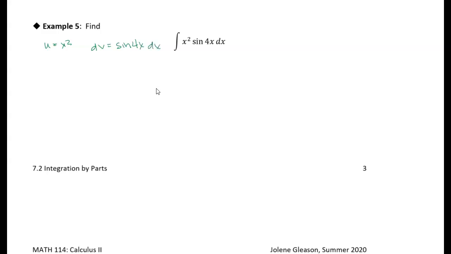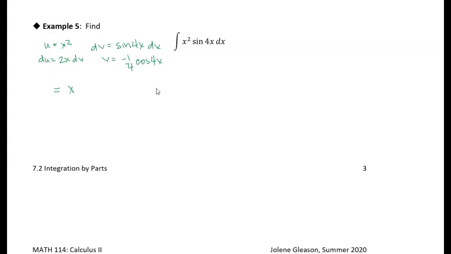Okay, and so if I differentiate u, I get du equal to 2x dx. And then I integrate dv, and I get minus 1/4 cosine of 4x. Okay, so now I have u and v, and so my integral is going to be u times v.